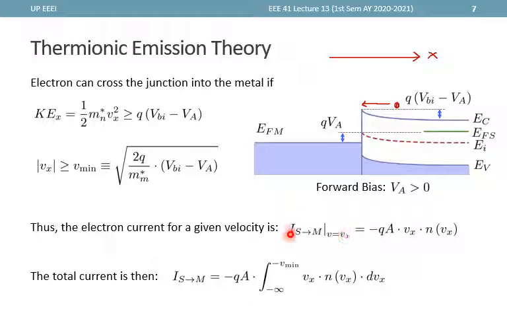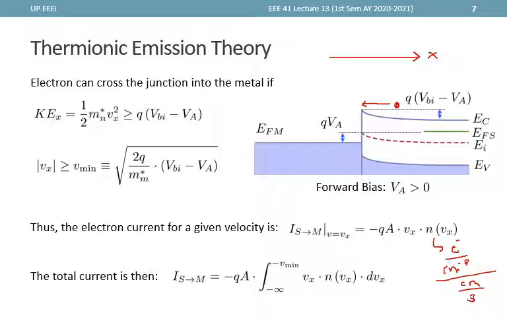So the current from the semiconductor due to the electrons crossing from semiconductor to metal is equal to minus QA times Vx times N of Vx, where this N of Vx is the density of electrons per unit volume per unit speed, or velocity.